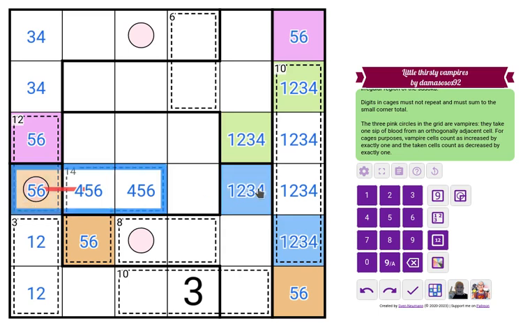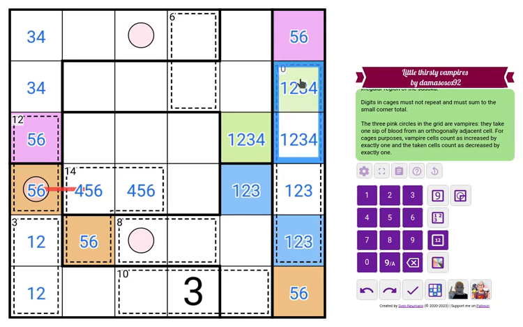We have 4, 5, 6, so we have no 4 here. And so these are the same. So this is not a 4. This probably could have been deduced using some other means, but I find it useful.